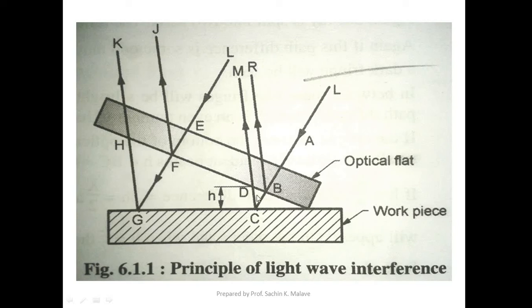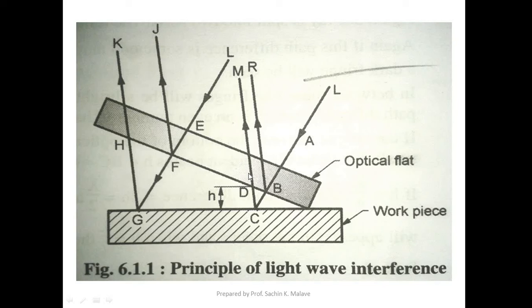Obviously, the path traveled by the ray R is LABR, and the path traveled by the ray M is LABCDM. So definitely there is a path difference between these two rays. That path difference is nothing but the distance BCD.